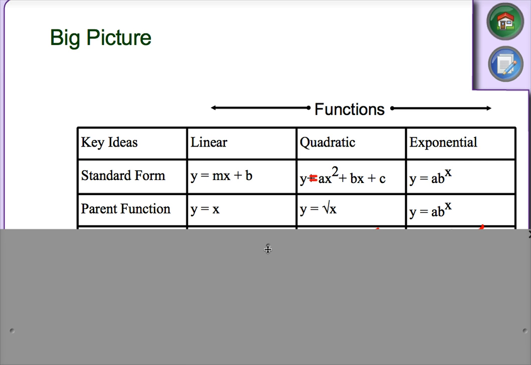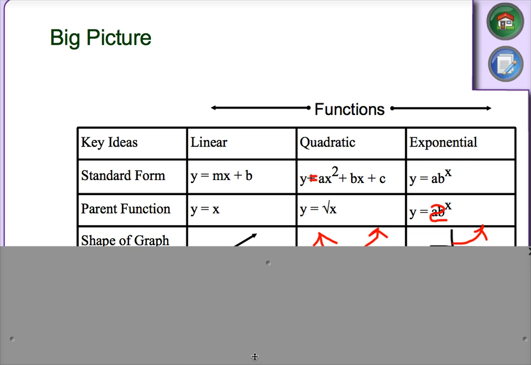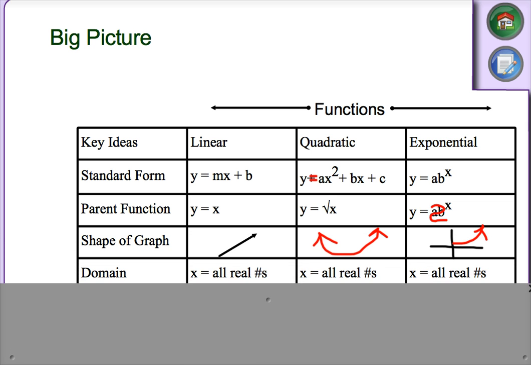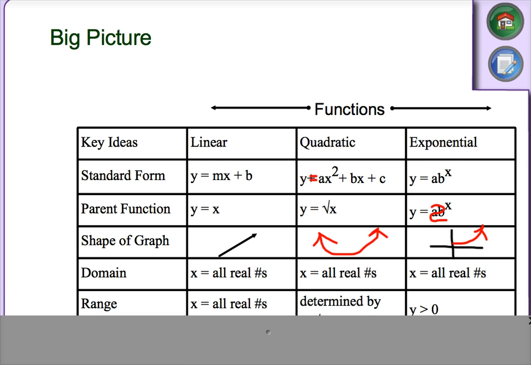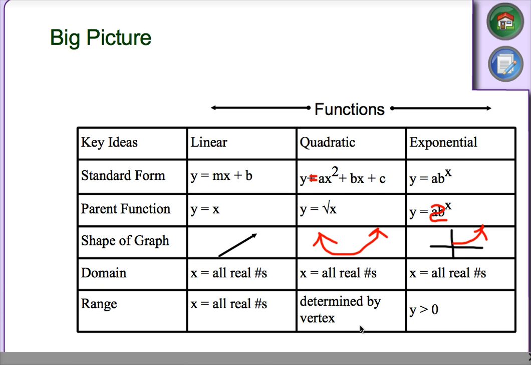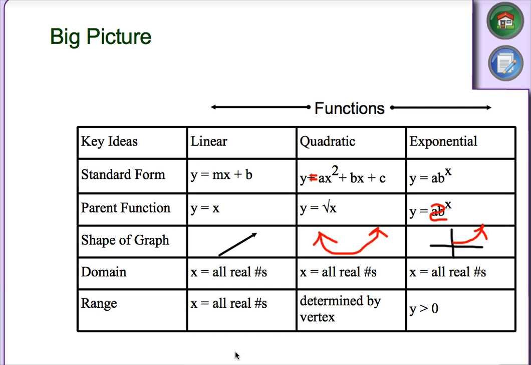And for exponential, y equals, and generally that would be accepted as 2, the simplest number you could come up with, to the power of x. Okay? And finally, we'd want to know the shapes of each graph, and we'd want to be able to anticipate their domain and range.